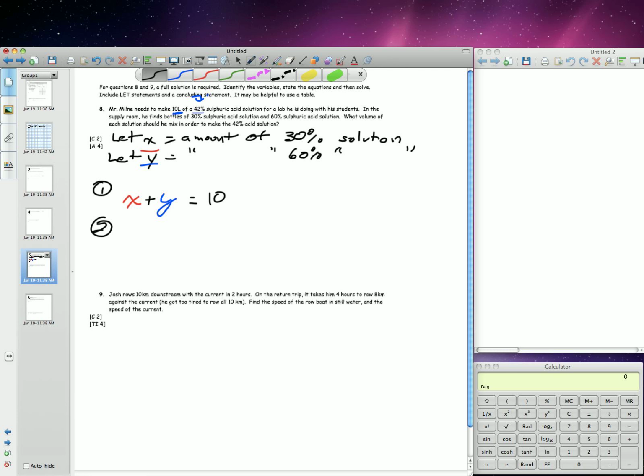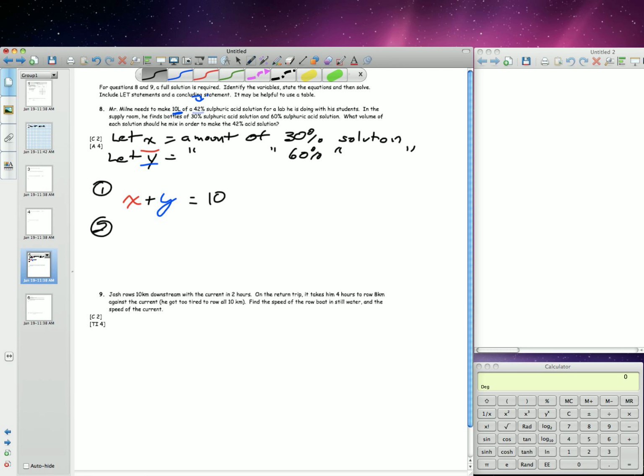Our x is what percent solution? 0.3. So I'm going to multiply x by 0.3, and that'll tell me how much sulfuric acid is in that solution. And the other was 0.6 times y, because it's 60% sulfuric acid.